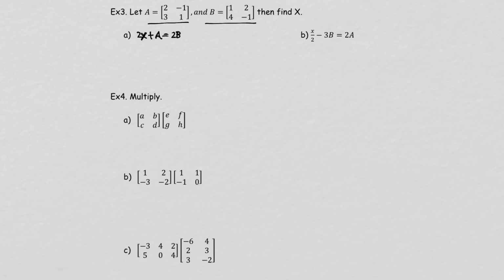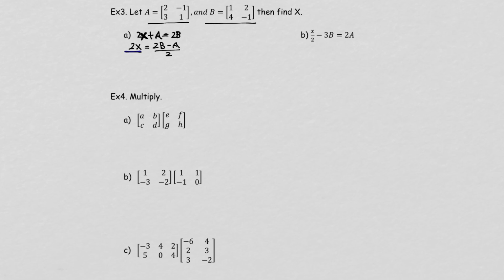In order to find x, what do you need to do with matrices A and B? First, you subtract A from both sides, so you will have 2B minus A. To isolate x, you divide both sides by 2.